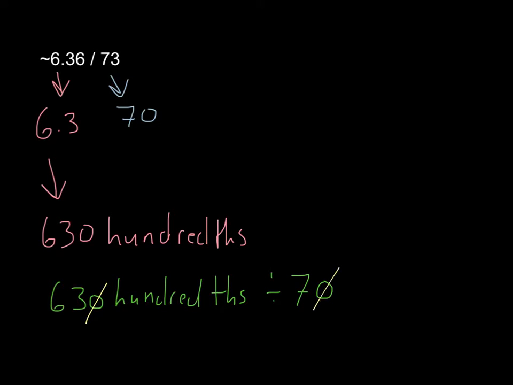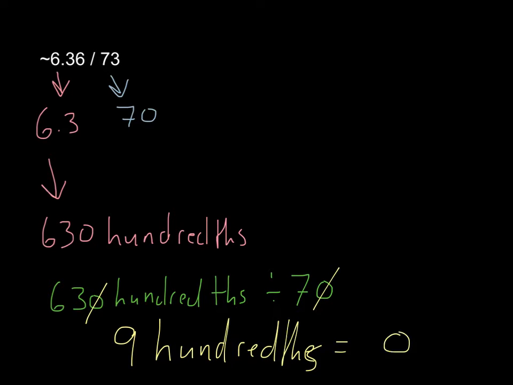I'm going to cross out that 0, dividing both by 10. 63/100ths divided by 7. 63 divided by 7 is 9. Bringing down my hundredths, I have 9/100ths, which is written as 0.09.